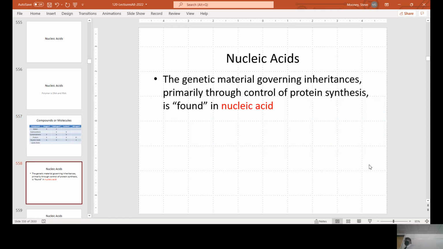So nucleic acids are the genetic material governing inheritance, primarily through the control of photosynthesis. That material, that information, is coded in our nucleic acids.